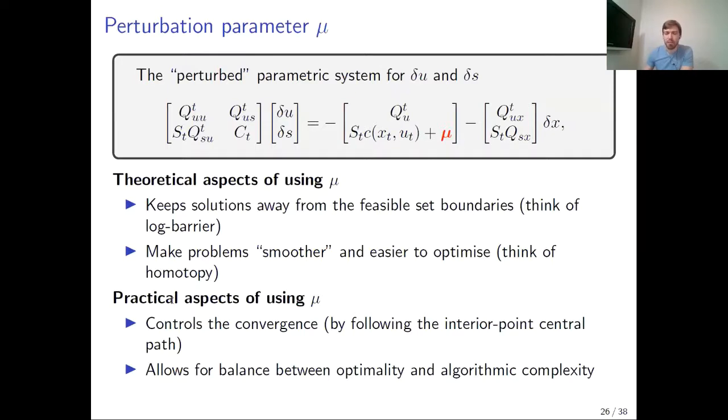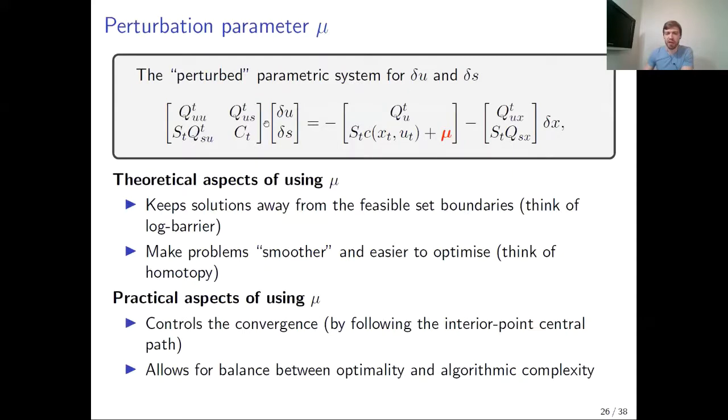However, the practical aspect of using perturbation is to control the convergence by following the interior point central path, which is a set of all points defined as a solution to the system for different values of perturbation. Also, it allows to balance between optimality and algorithmic complexity. One can terminate the algorithm earlier without further decreasing the perturbation, which in general case should go to 0.